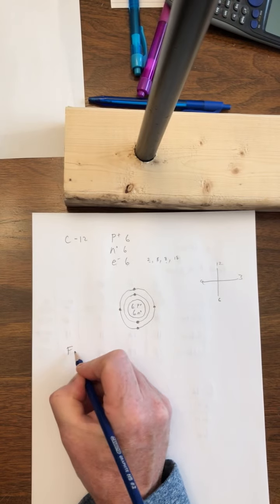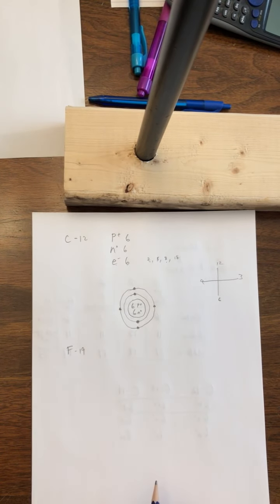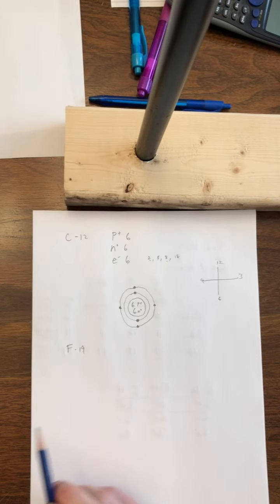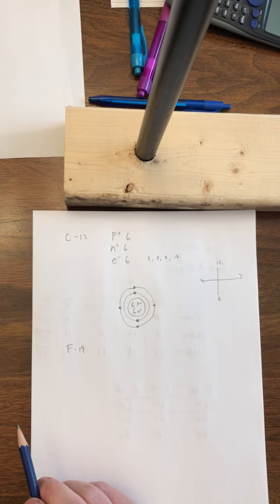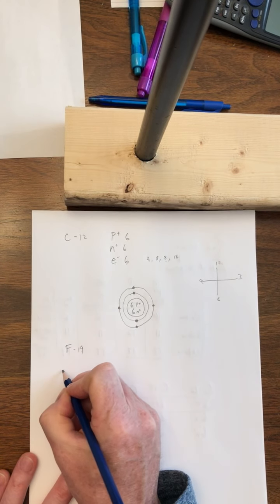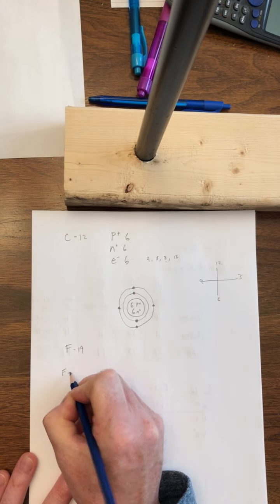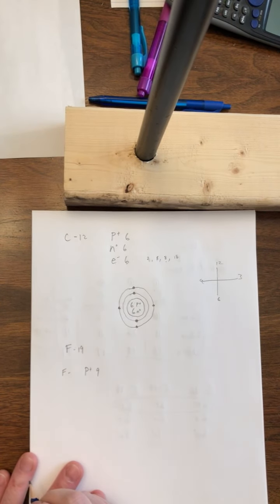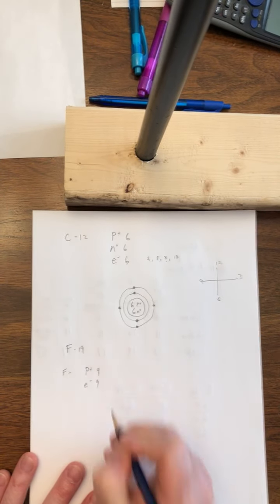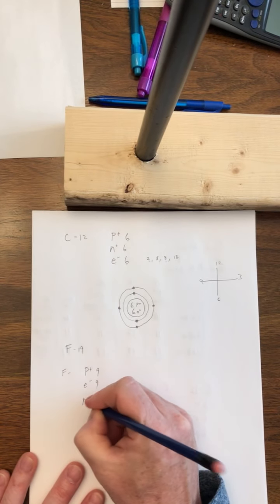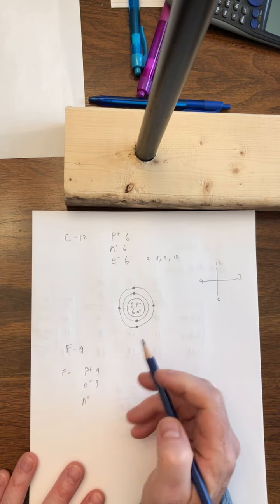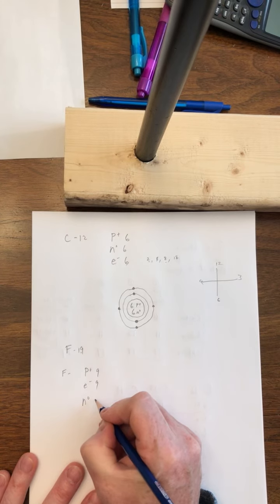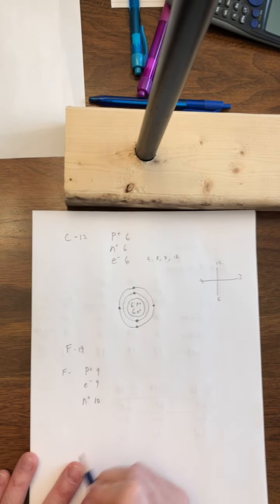If we do fluorine 19, so that's the isotope that has a weight of 19. So fluorine has atomic number of 9. So it's got 9 protons, 9 electrons, and because it weighs 19, it's going to have 10 neutrons.